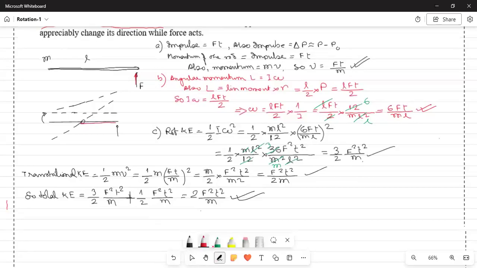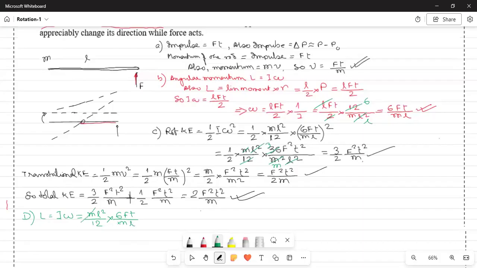This we all know. Answer D is L equal to I omega. I we know is ml square by 12. Omega, we have already found out, 6Ft by ml, so multiplied by 6Ft by ml.